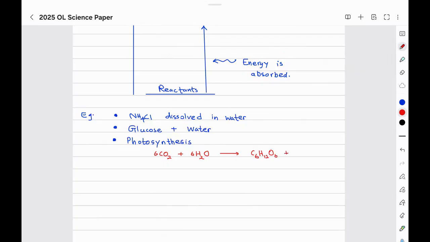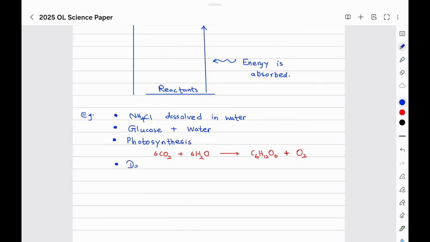You have learned these things in biology lessons. That is also endothermic. It will absorb heat. Carbon dioxide and water react in the presence of sunlight. Sunlight means what? Energy. So that energy is absorbed and then produces glucose and oxygen.